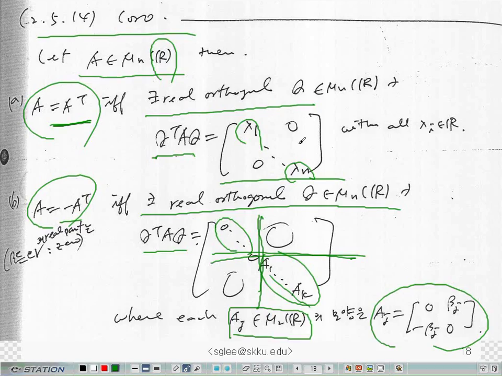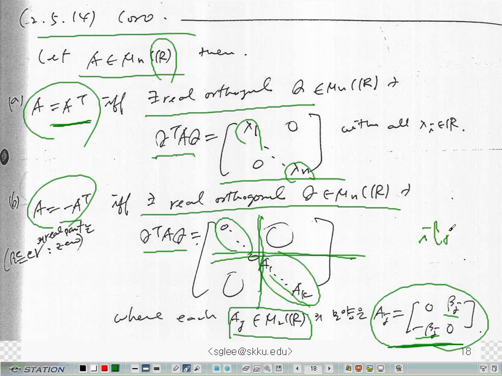From the previous corollary, these complex eigenvalues can be written as similar 2x2 matrices with real entries. These are pure imaginary eigenvalues, those beta j's are pure imaginary.